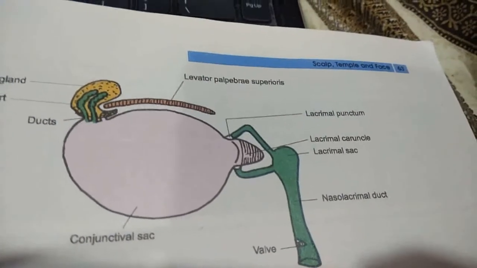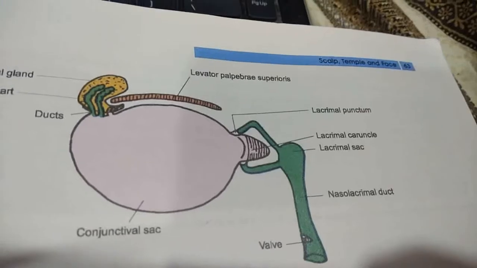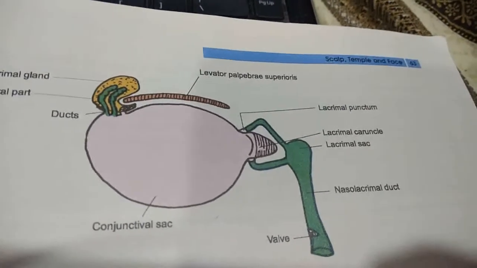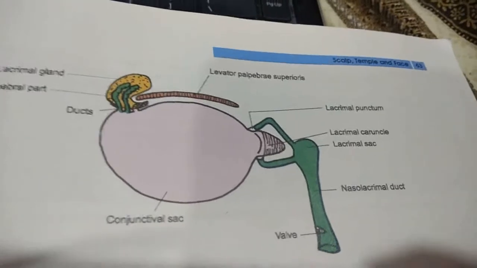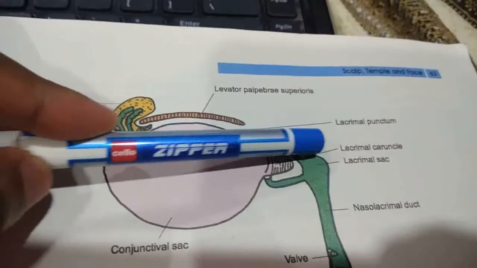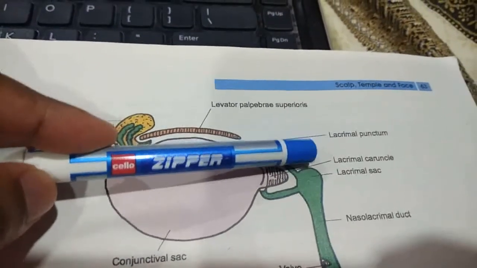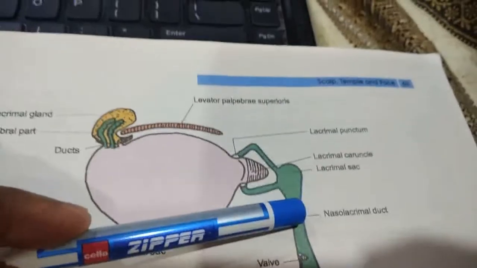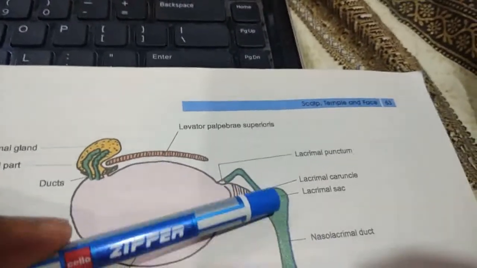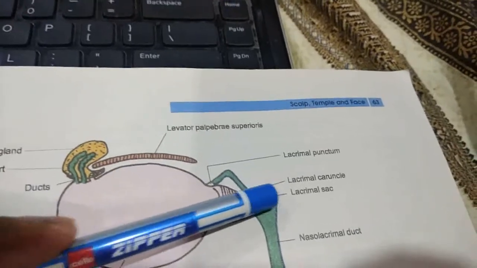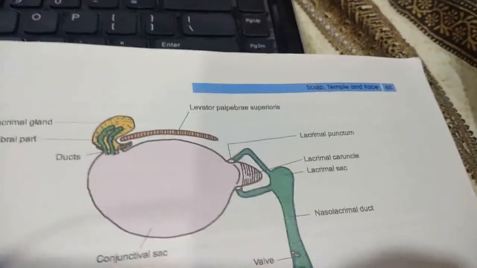Its upper end is blind, meaning closed. Its lower end is continuous with the nasolacrimal duct.